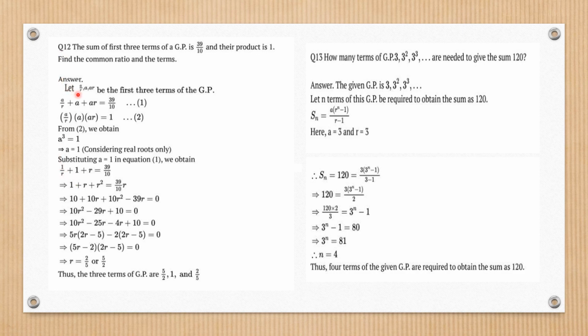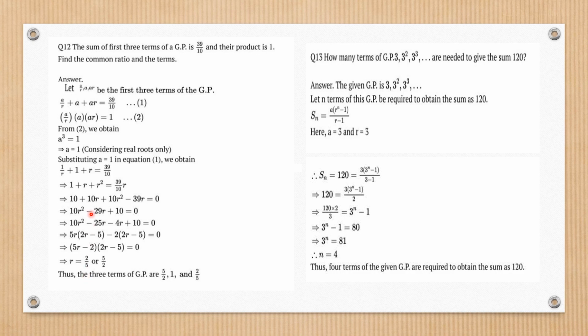So what can be the terms? See, if I take A as 1 and the value of R as 2 by 5, my terms will be like: A by R is 1 upon 2 by 5, which is 5 by 2, then A which is 1, and the next is AR, that is 1 into 2 by 5, which is 2 by 5.